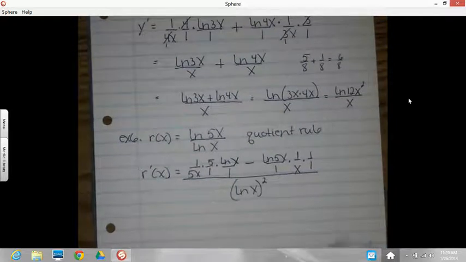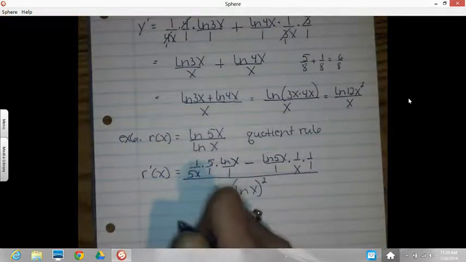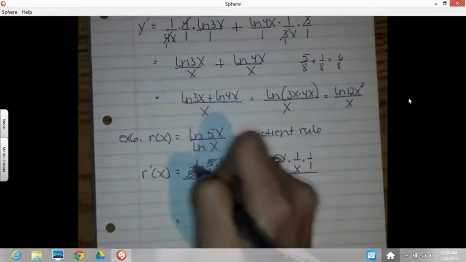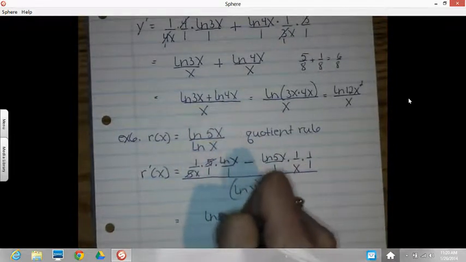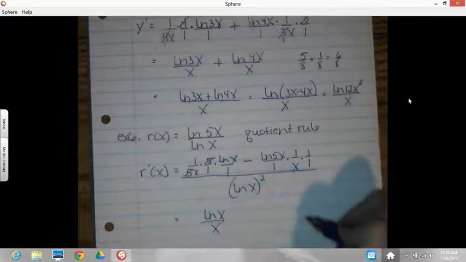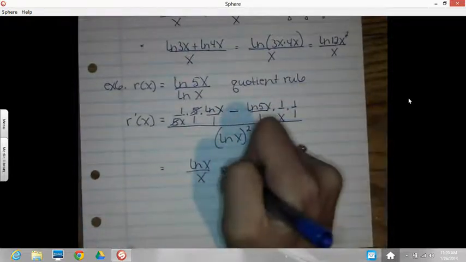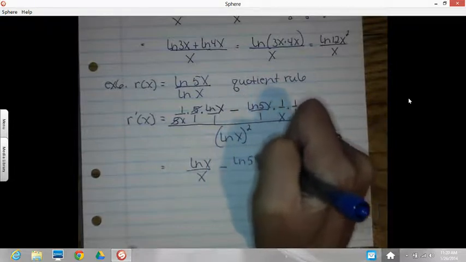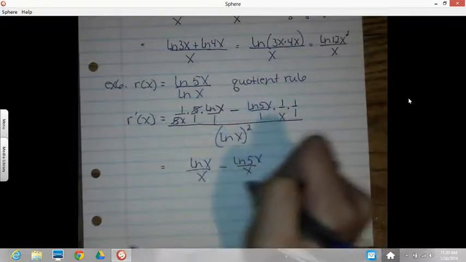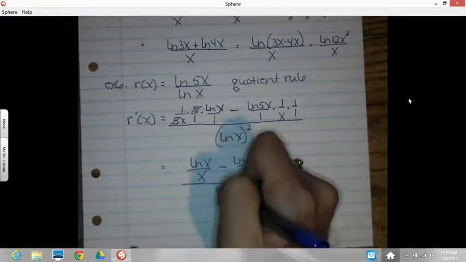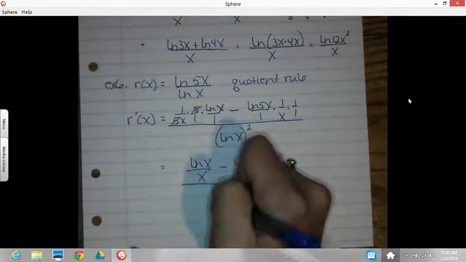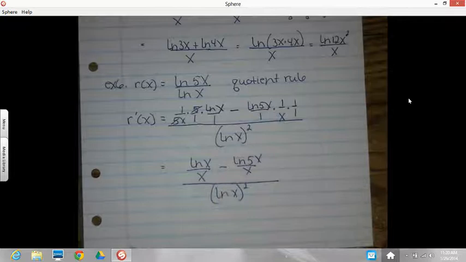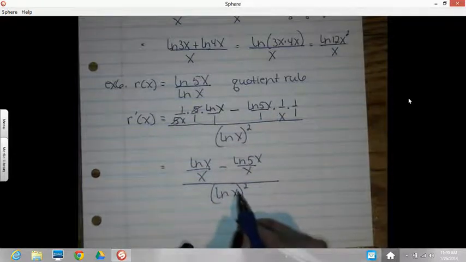Okay, simplifying here on the top. 5's are gone. I have natural log of x over x minus natural log of 5x over x, all over natural log of x squared. Okay, that 2 does not come in on the x. That doesn't work here.